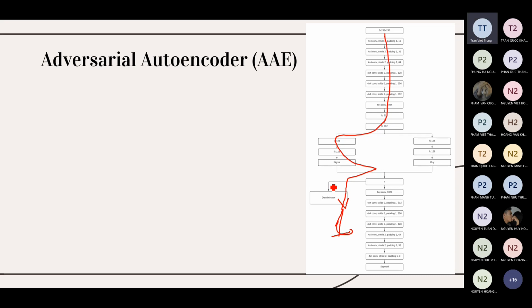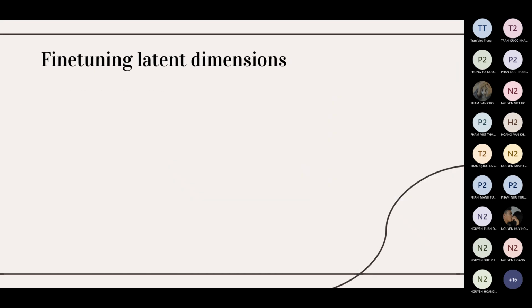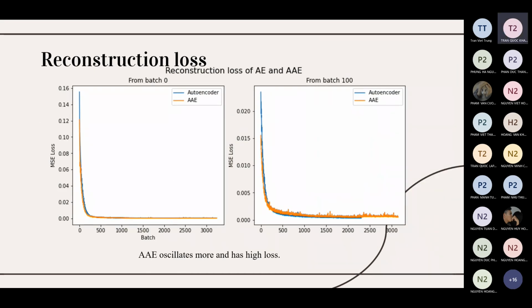We think that maybe it is better to arrange the latent vector like that, but it's our test to see if there is any improvement by using the adversarial autoencoder, and we see that the performance of the autoencoder is better than the adversarial autoencoder.